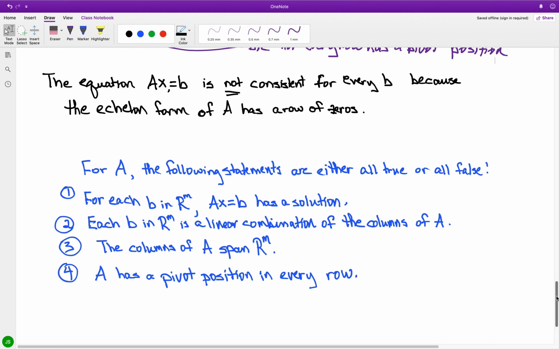And fourth, and this is where this last example failed, A has a pivot position in every row. So if you have a row of zeros, then it's not going to pass the litmus test. But again, collectively, these statements are either all true or all false.